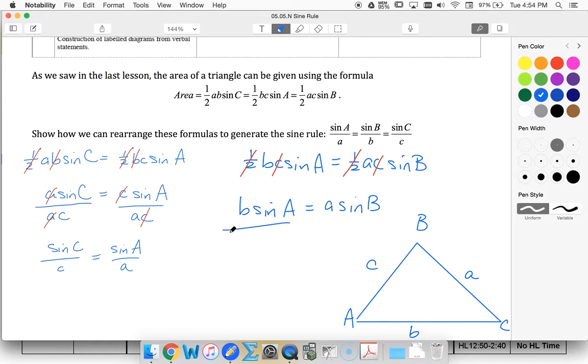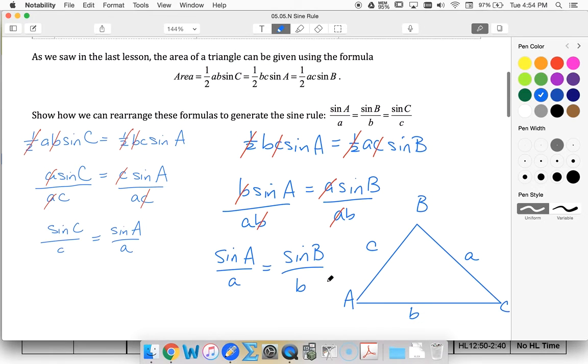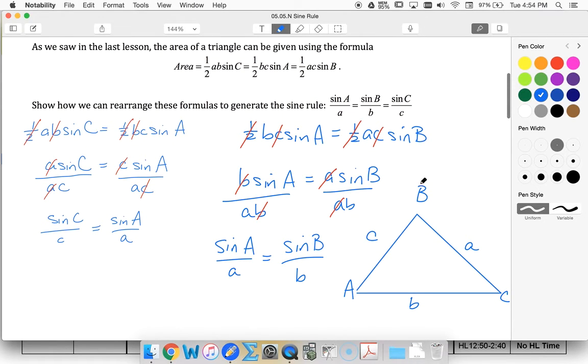Now divide both sides by the sides, a and b. And I picked those because those are the two that I see. So cancel, cancel. And now I'm left with the last of the sine rule relationships. Sine A over a equals sine B over b. So what this means is that I can really pick any parts of my ratios or any parts of my triangles to match up.